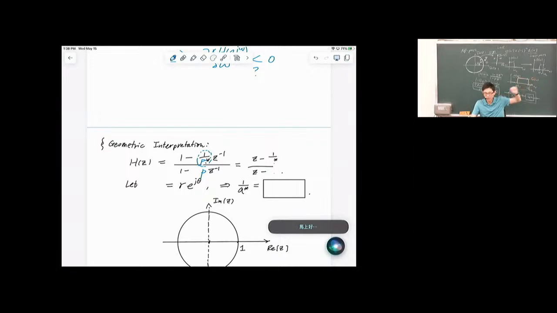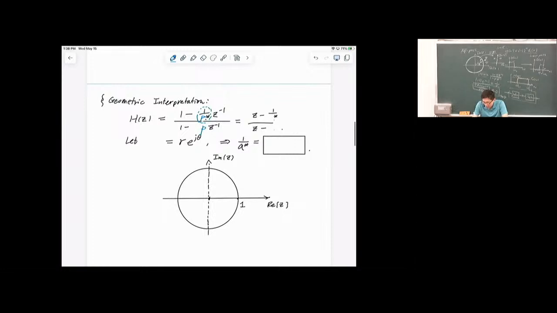All right, so that's our H of z, our system function right there. And then, to continue, I would suggest that we multiply the top and bottom by z. Can we do that?